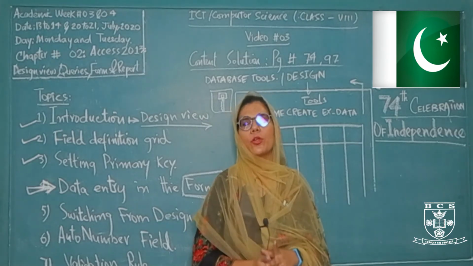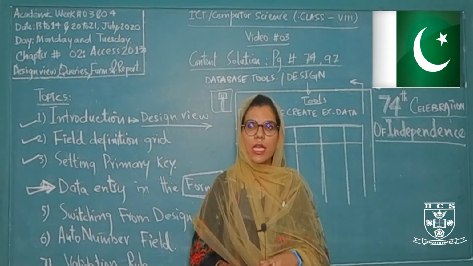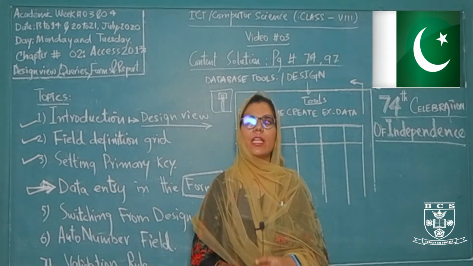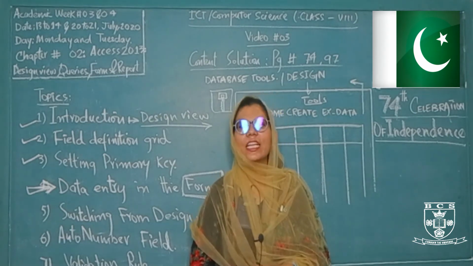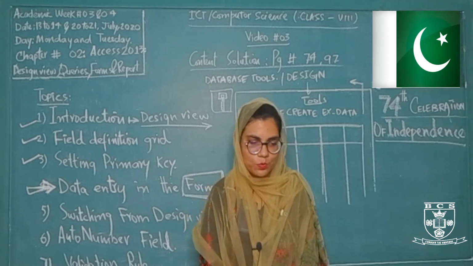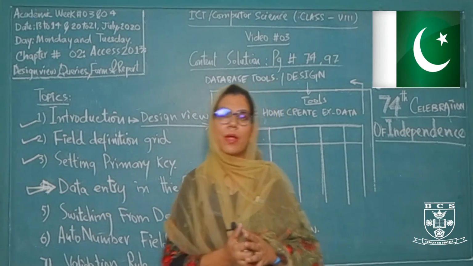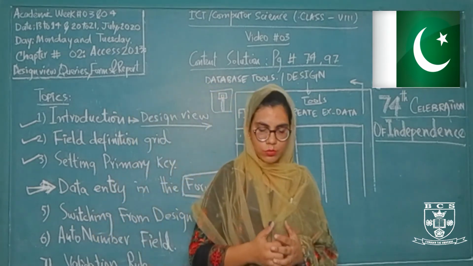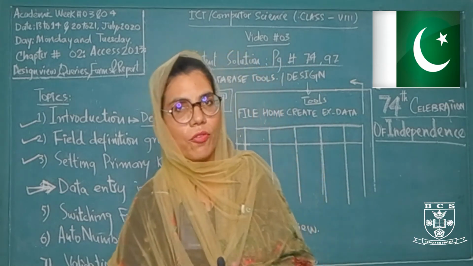Now if I want to create my table in a design view, what will I do? I will follow the same steps, but instead of clicking the Table button, I will click my Table Design button. As I click on my Table Design button, the table appears in the design view. So this is about your design view. As the design view screen appears on your computer screen in Access 2013, it has 2 different parts.